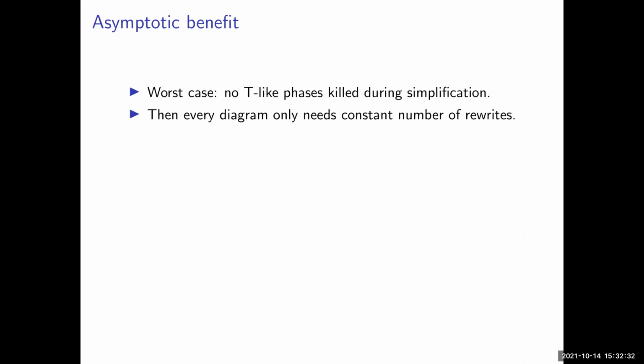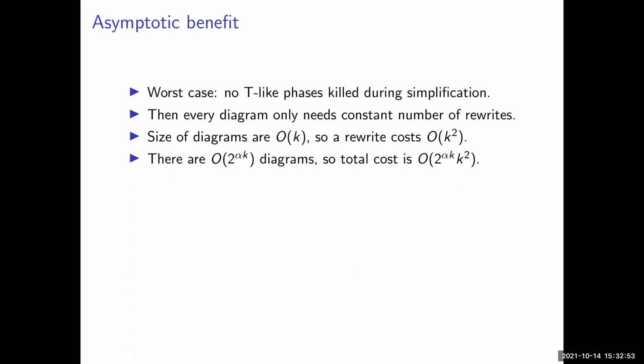These are replaced by a constant number of spiders, and we need a constant number of rewrites to remove those spiders. And since the size of the diagram is order k, where k is the number of T phases, a rewrite will cost order k squared, because we're toggling connectivity between spiders. So that's at most k squared connections we need to replace. And there are 2 to the alpha k diagrams, where alpha is this particular constant. So that means the total cost of this procedure is 2 to the alpha k times k squared.